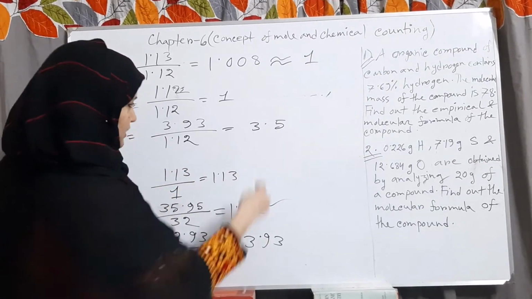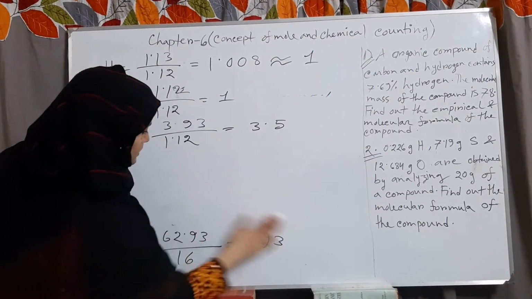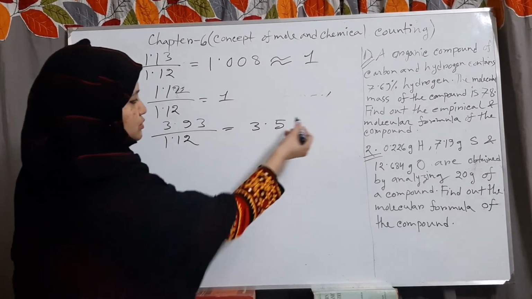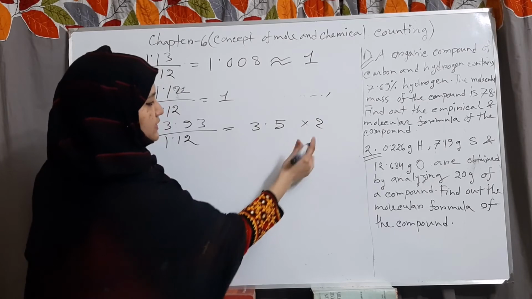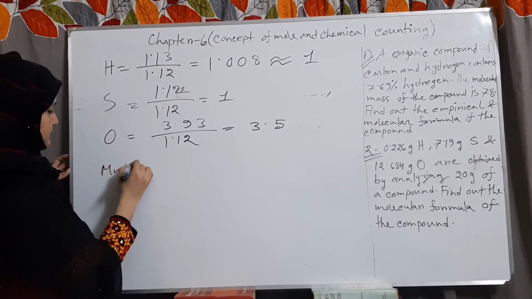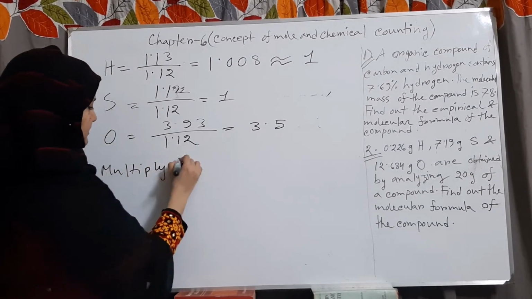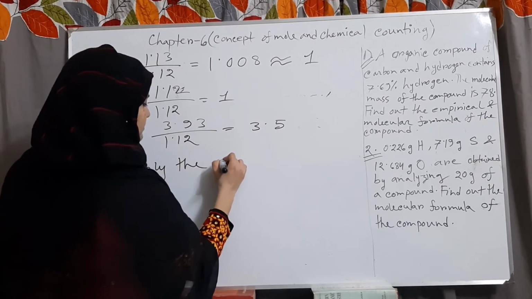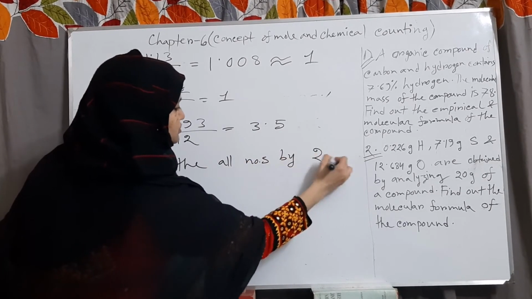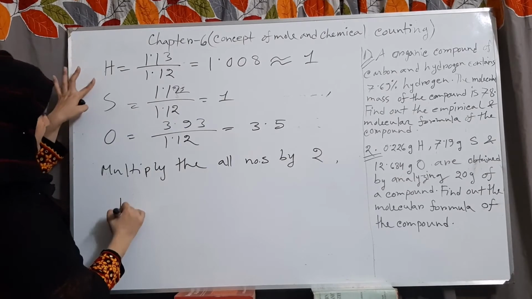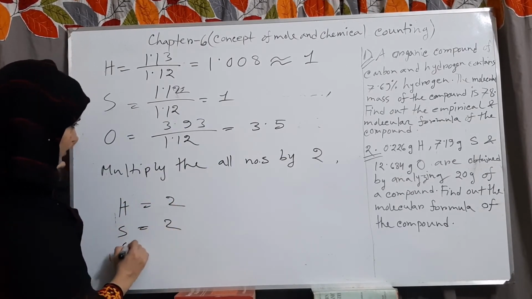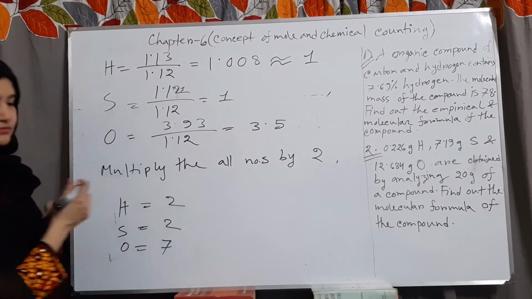If we multiply 3.5 by 2, we get a whole number. So we have to multiply all numbers by 2. Then hydrogen is 2, sulfur is 2, oxygen is 7.